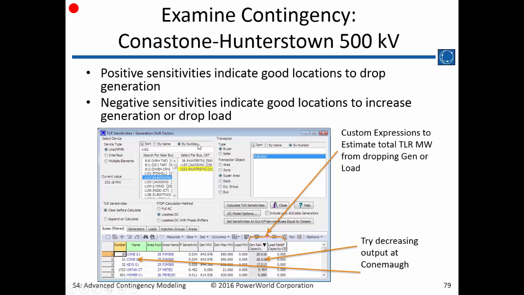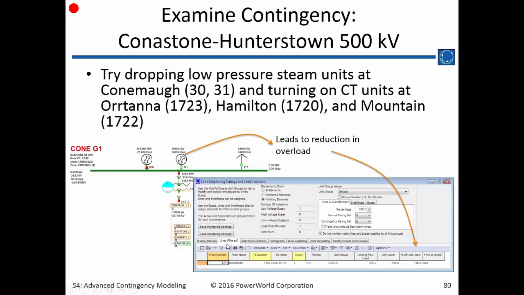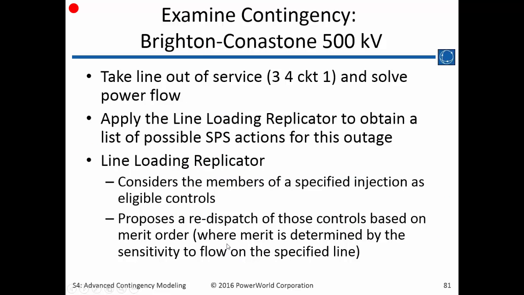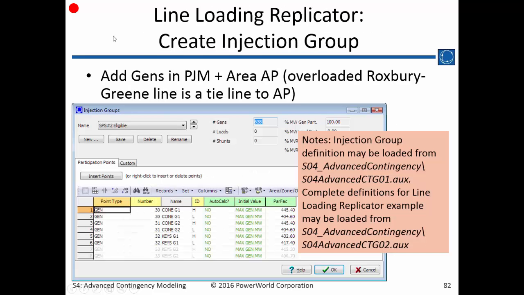The first set of slides looks at just simple TLR sensitivities along with some custom expressions that could be used. And then this example here on this slide looks at using the line loading replicator, where you pick an overloaded line and you try to bring it back to its limit, and then it'll tell you which generators have the best sensitivity and merit order for dispatching.